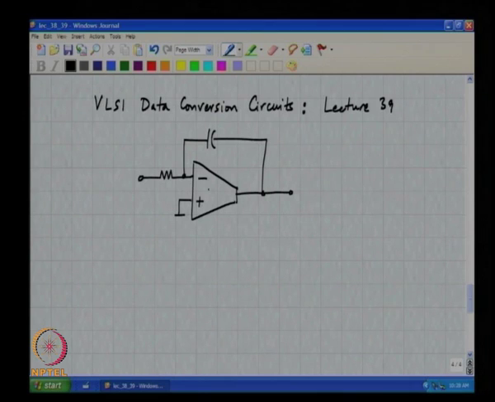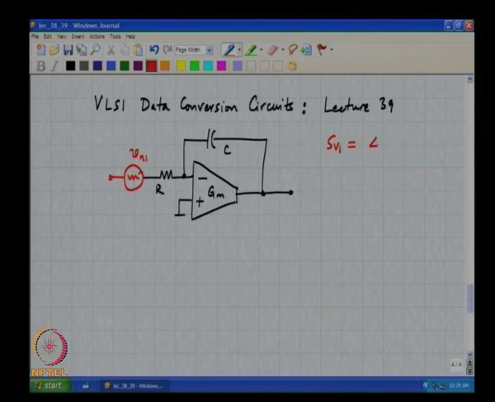One is the resistor itself, and the noise in the resistor can be thought of as a voltage source in series with the resistor. The spectral density of this noise source is 4kTR volt square per hertz.